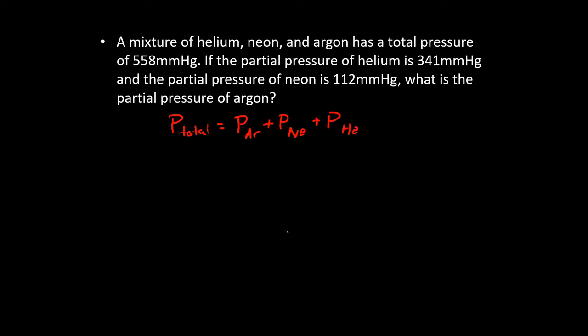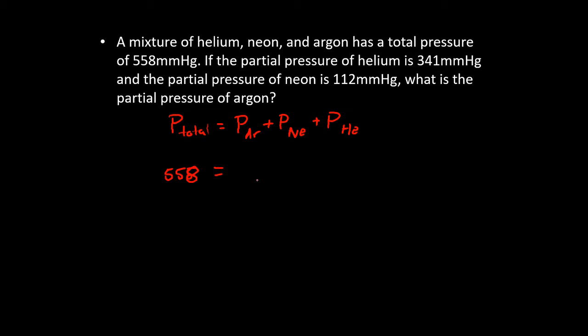So we're told in the problem that, let's see, the total pressure is 558. Oh, why did I put 555? 558. And I'm just going to leave the units out for now, just because I don't want to write millimeters of mercury 5 times. So we have 558 is the total.